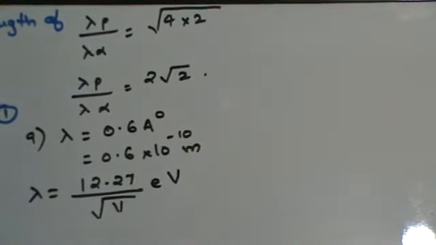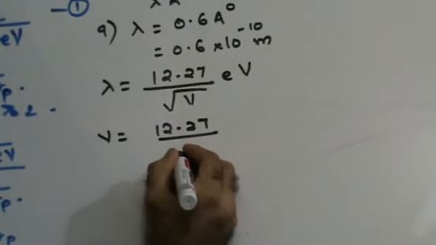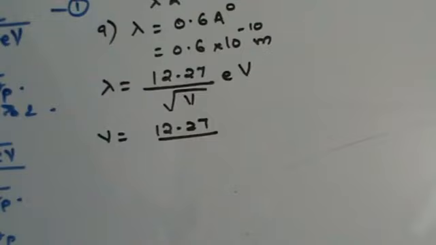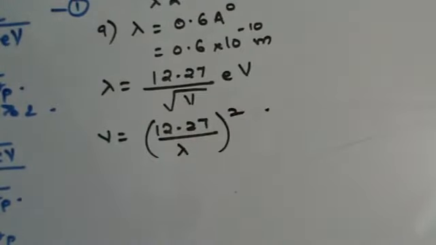In that case, I can say that V is nothing but 12.27 upon lambda, the whole square, to get rid of the square root sign. I could substitute the value here and get this answer. This will be nothing but 12.27 upon whatever is the value of lambda, that is 0.6 into 10 raised to minus 10. So you will get your potential difference there.